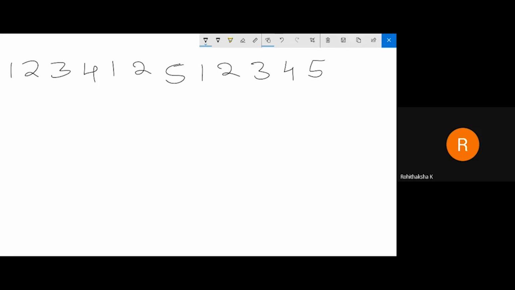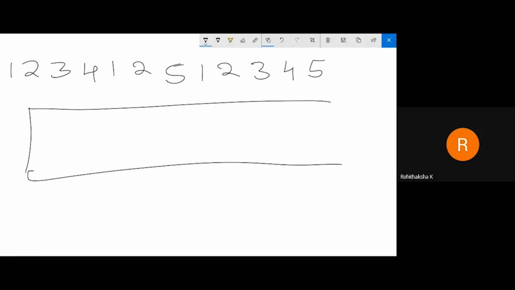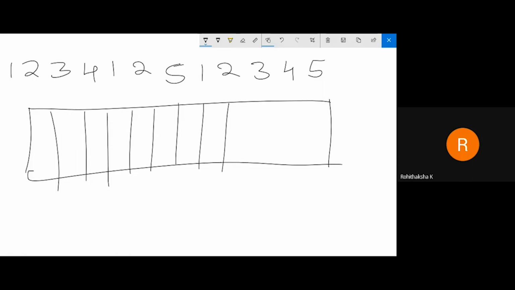So let me write this out. I'll take normal FIFO, and initially 3 frames.